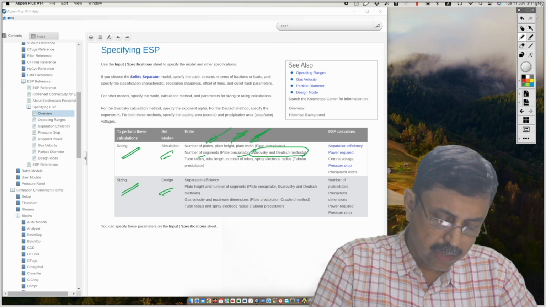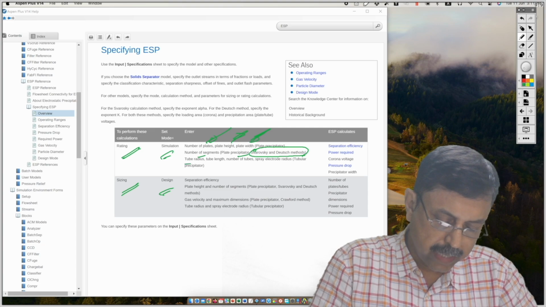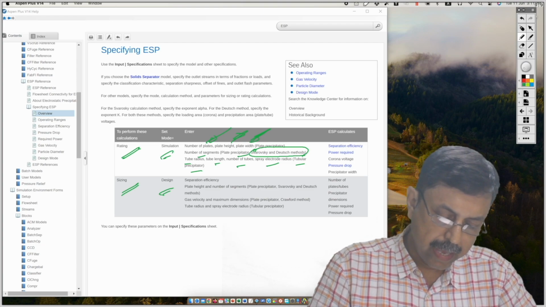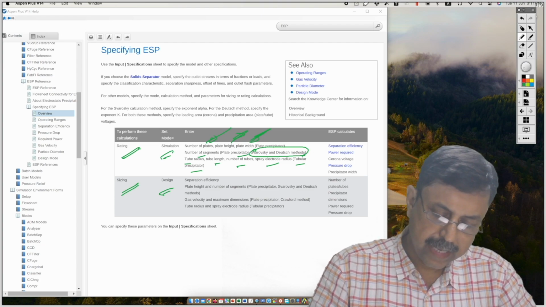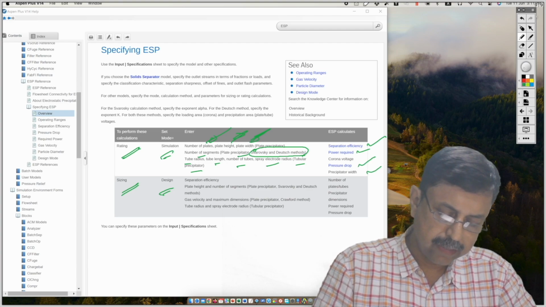For the wire and tube arrangement, you have to specify the tube radius, tube length, number of tubes, and spray electrode radius. In short, you have to specify the tubular precipitator configuration. Once you specify them, you can find out the separation efficiency, power required, pressure drop, precipitator width, etc.